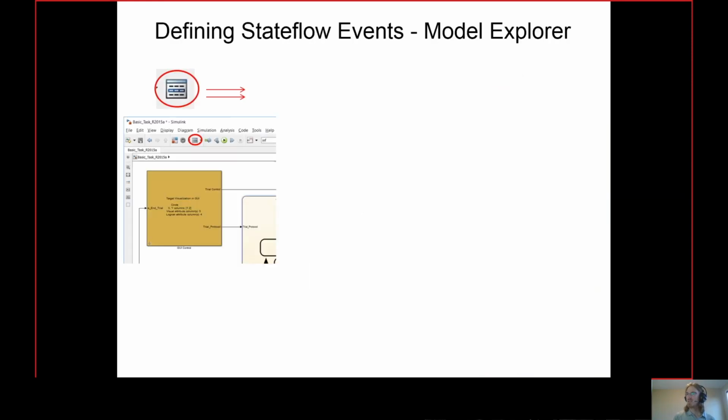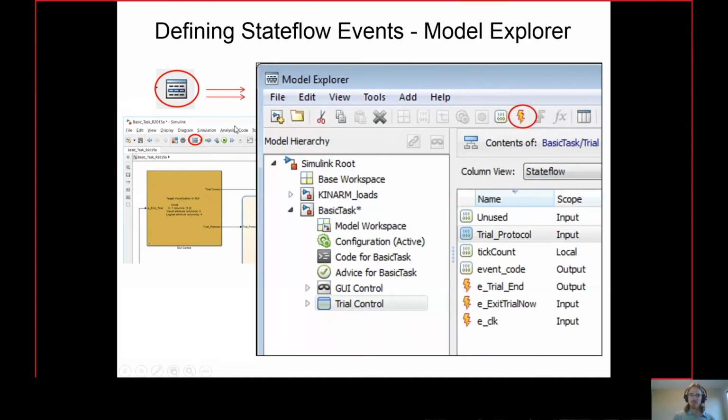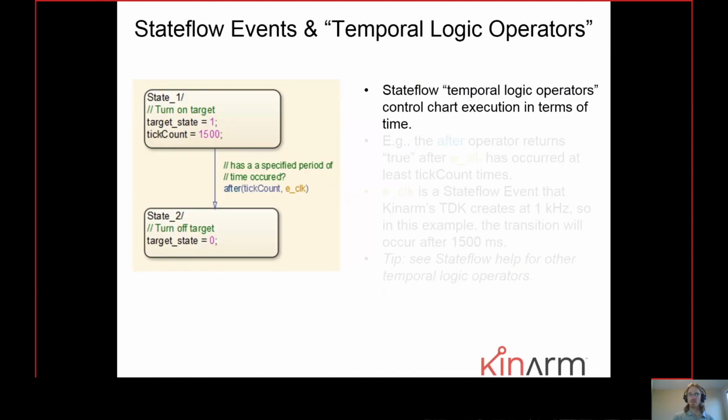So if you want to define some events, if you need to trigger other parts of your system or interact with some of our blocks, you need to go back to this Model Explorer icon. And this time the icon you want to make use of at the top here is this little lightning bolt. That will create new events for you that can be input or output events down here.